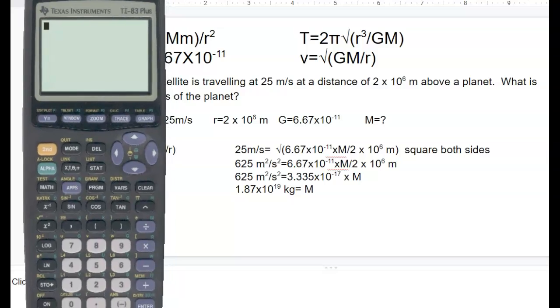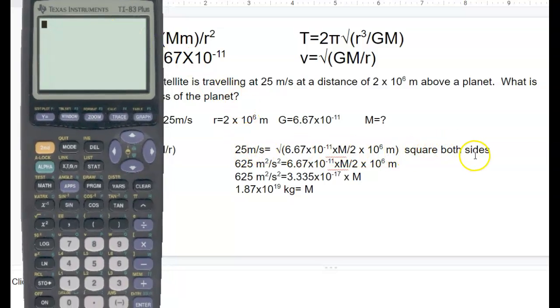So the first thing we're going to do, like I have written here, we write out the formula. Then I'm going to square both sides. So 25 squared is 625. So 625 is equal to 6.67 times 10 to the negative 11th times m divided by 2 times 10 to the 6th. Now, I'm going to divide 6.67 times 10 to the negative 11th by 2 times 10 to the 6th.